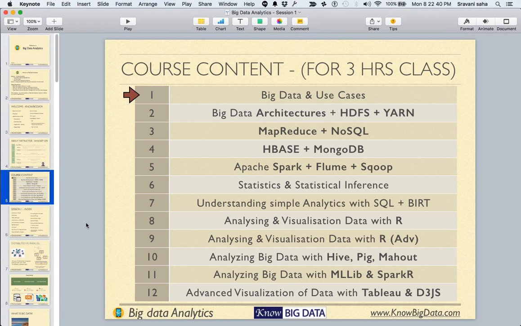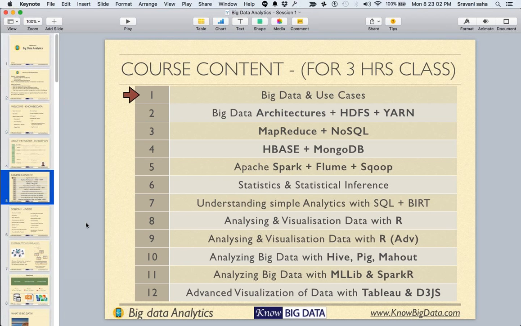All right, so let's understand what this course offers you. Today we are going to go through big data and its use cases. Afterwards, in the second session, we will talk about the various architectures of big data, and then understand the basics of HDFS and YARN quickly.